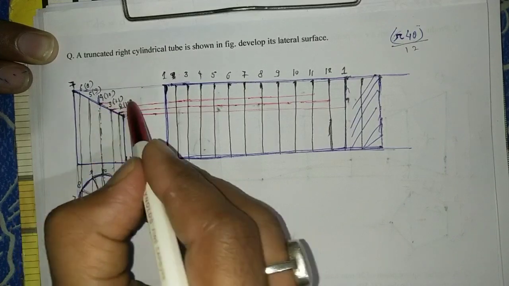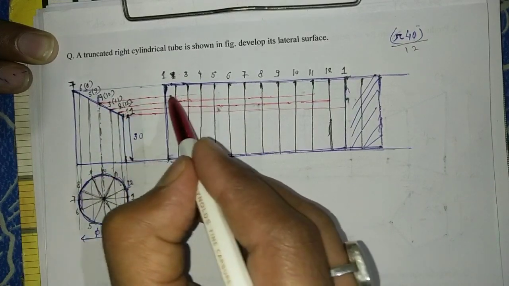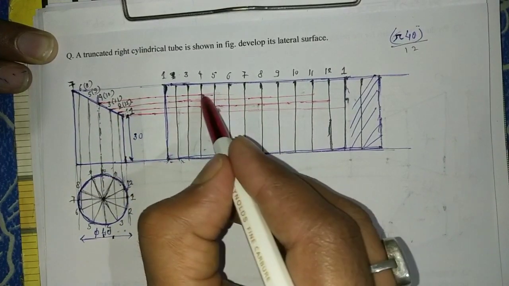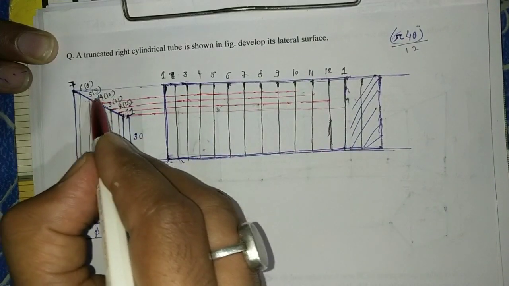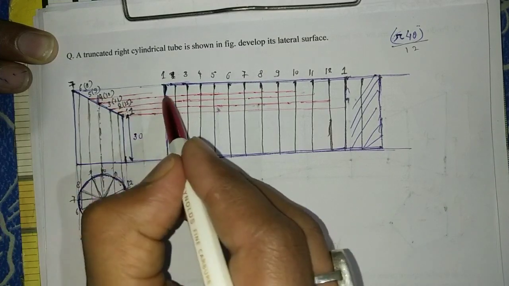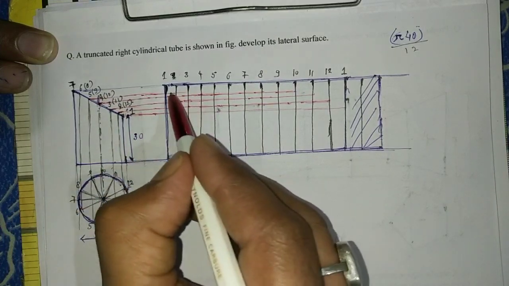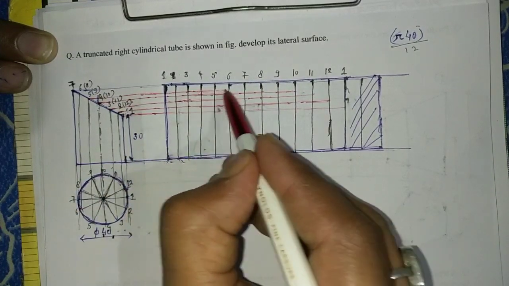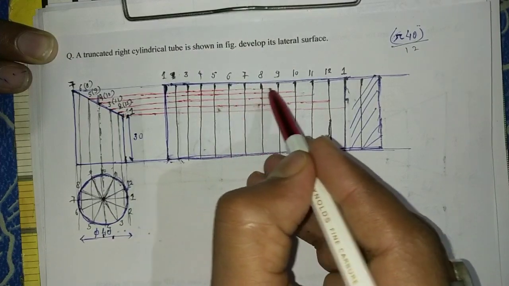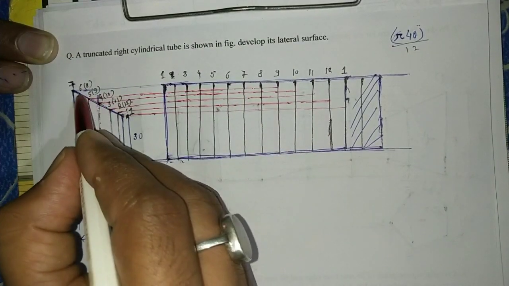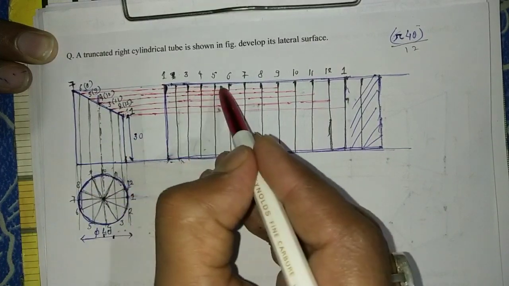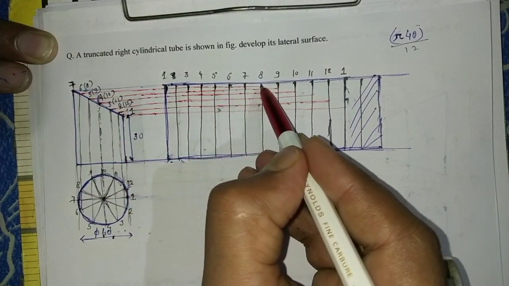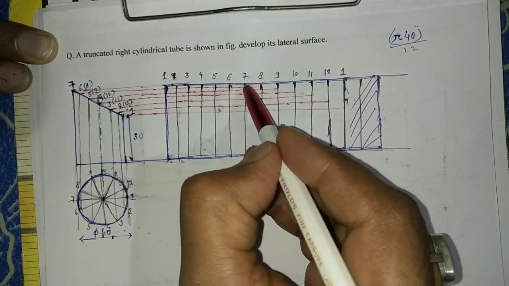Then 4 and 10, 5 and 9, 6 and 8. And lastly 7, it will come here.